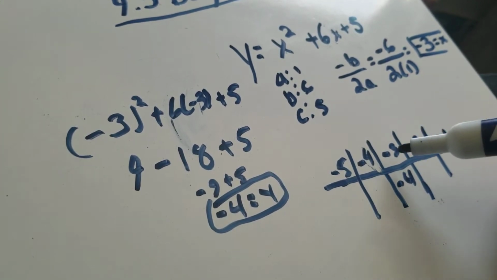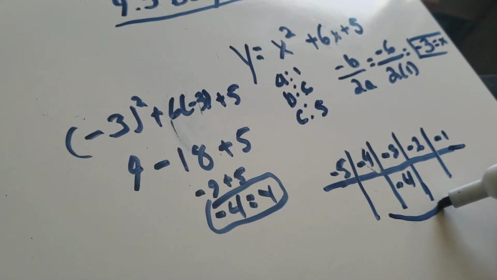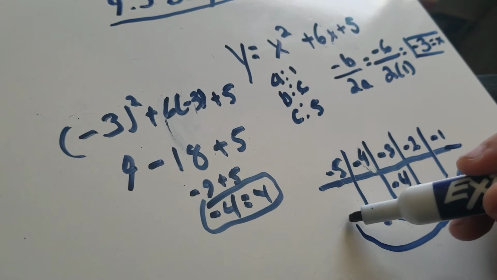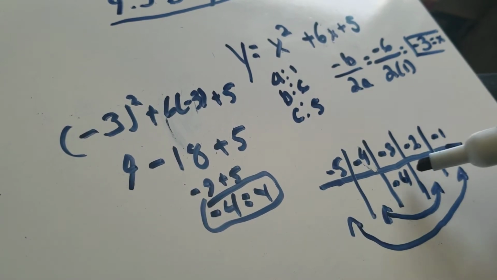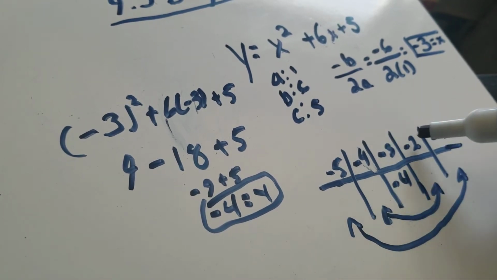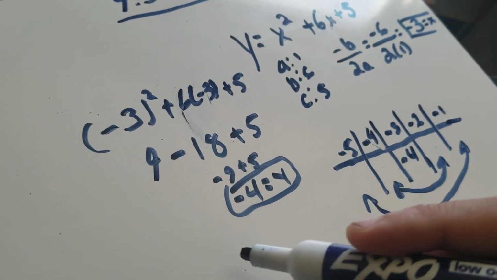All right, so let's plug it in. We just found this. We also know that parabolas are symmetrical. If they're symmetrical, that means if this one is equal to, let's say, 1,000,000,000, this should also equal 1,000,000,000. So I'm going to use the smaller number here, which looks like negative 2. I should say the smaller absolute value.